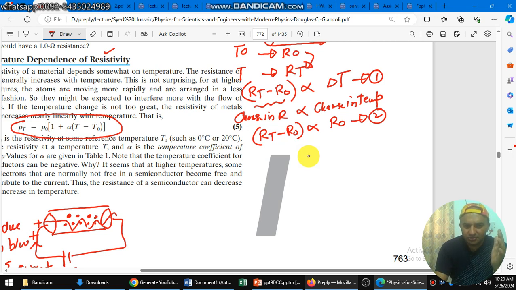When we combine these two equations, 1 and 2, we get RT minus R naught is proportional to del T into R naught.